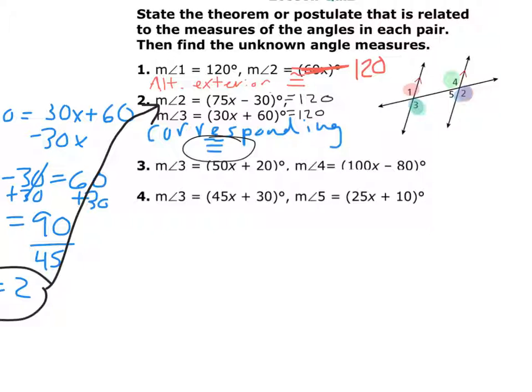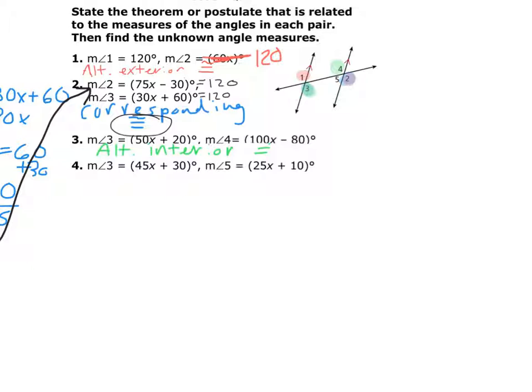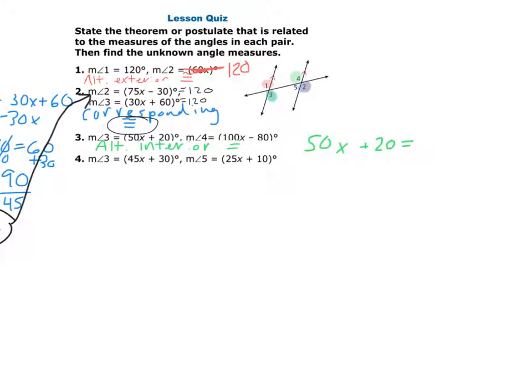Alternate interior angles. And what do we know about alternate interior angles? They're congruent. So what would the equation look like for number 3? We set them equal. So we have 50x plus 20 is equal to 100x minus 80.